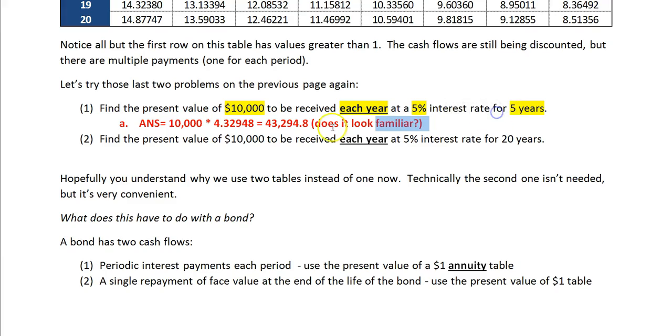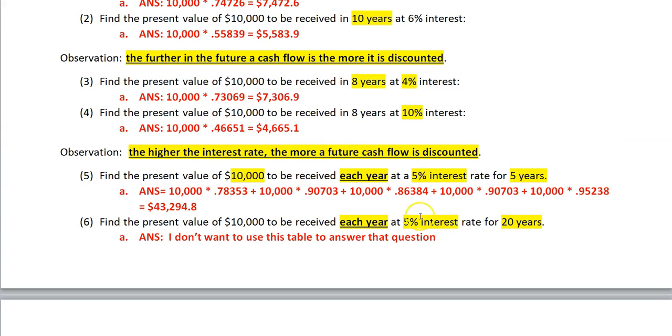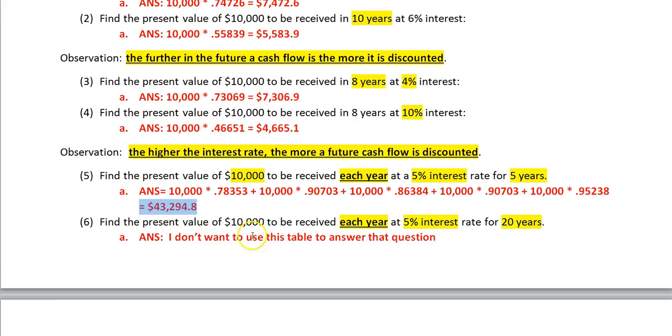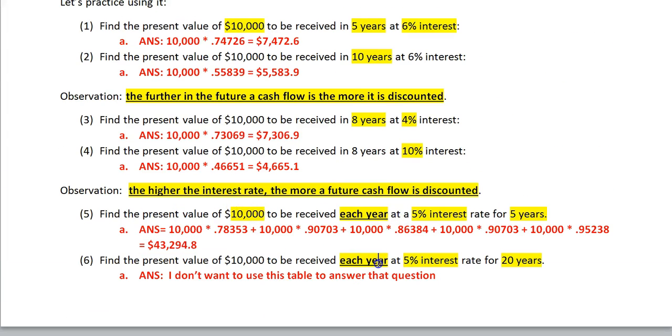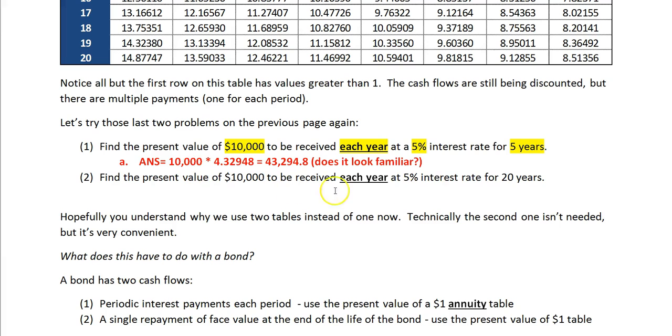And does that number look familiar? Let's go see. 4.33, it should be that number, isn't it? 4.33, yes. So we can do the math. That's the point with the annuity table. Why we have another table is to answer questions like these bottom 2, which are annuities. It very much simplifies the question. Instead of this big long formula, we only need to do this.